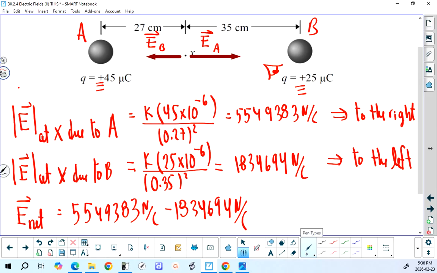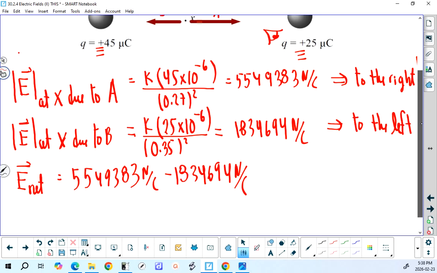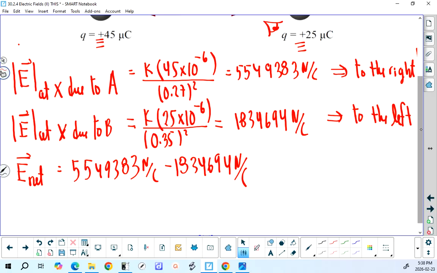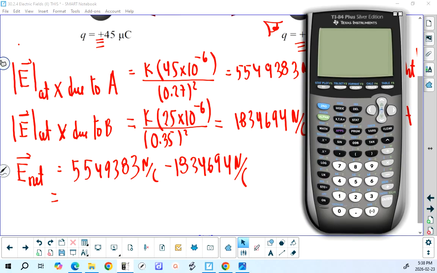And that will give us the magnitude of the net electric field there. I'm going to take the larger magnitude and subtract the smaller magnitude. So I'm getting 3.7 times 10 to the 6.